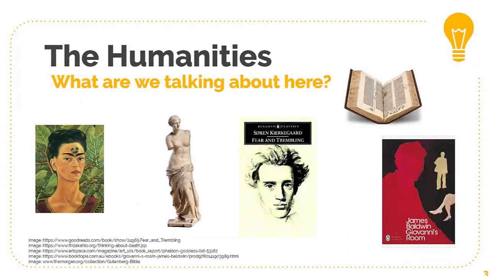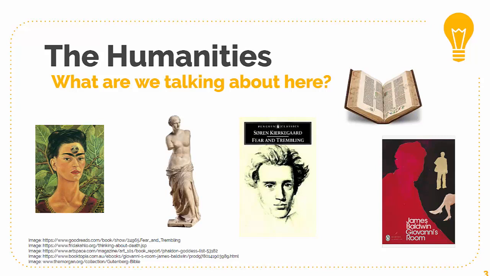The humanities have been defined for centuries as the study of culture from the documents, objects, and artifacts created by humans. So, when we're thinking of the humanities, that's essentially what we're talking about. Some disciplines we often think of when we discuss the humanities are literature, history, philosophy, visual art, and anthropology.